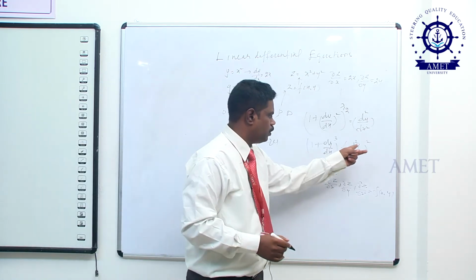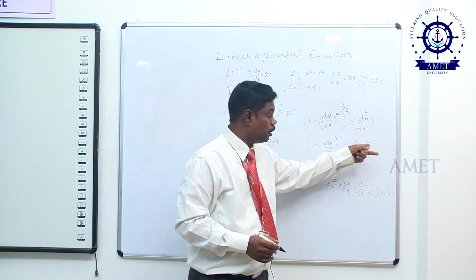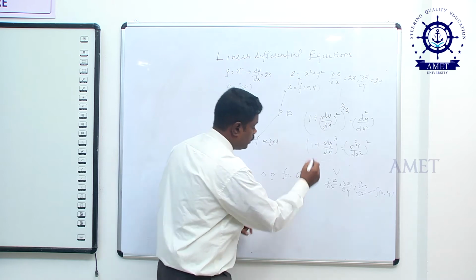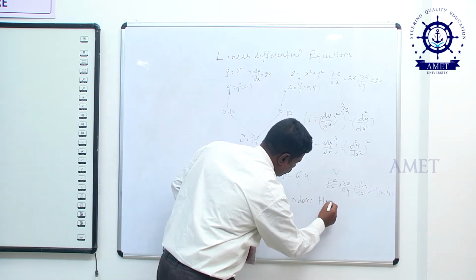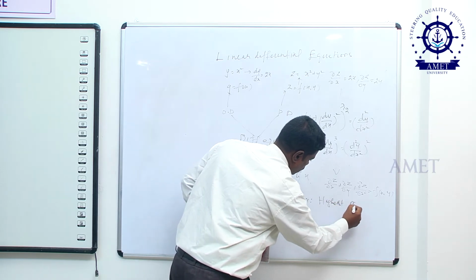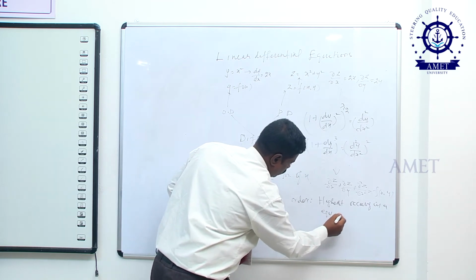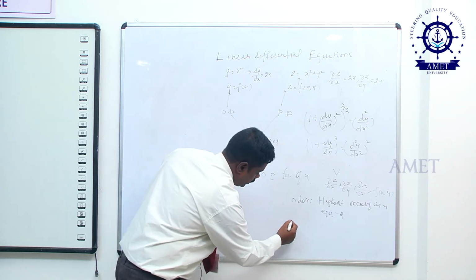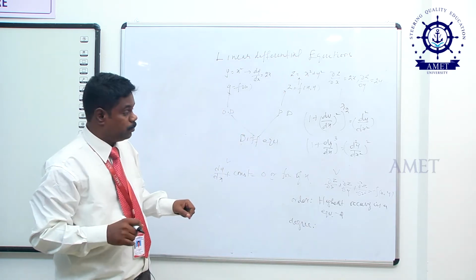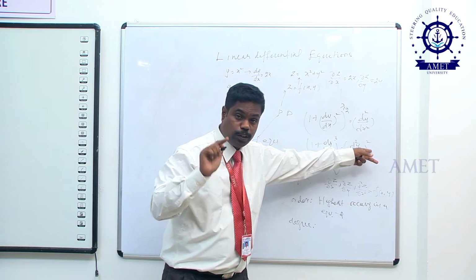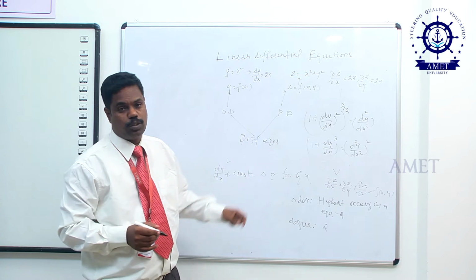The highest derivative is of order 2, so the order is 2. How many times does the highest derivative occur in the equation? It occurs 2 times, so the degree is also 2.